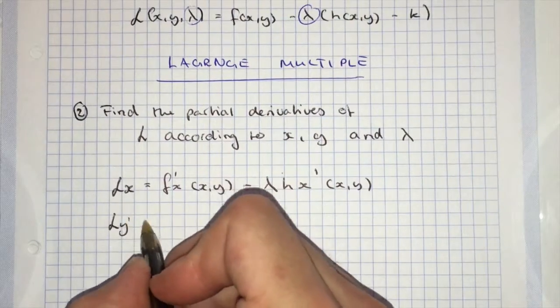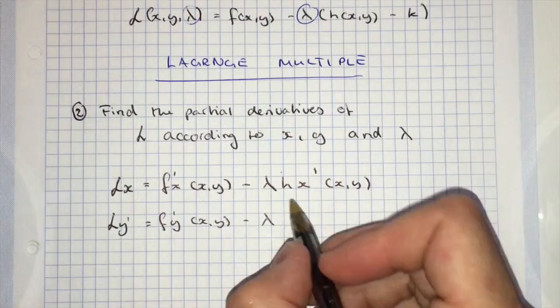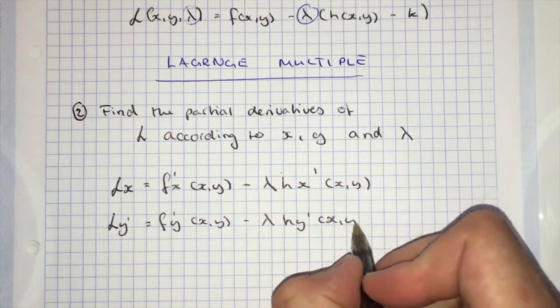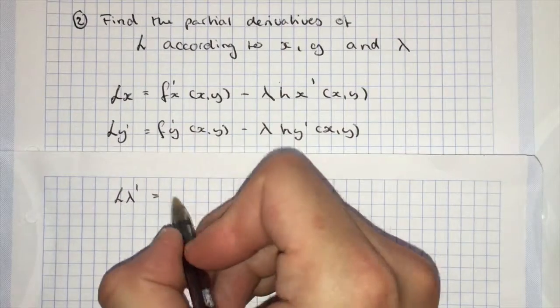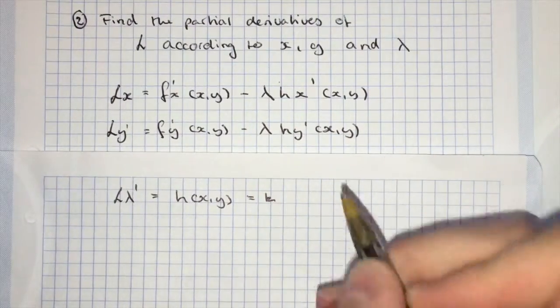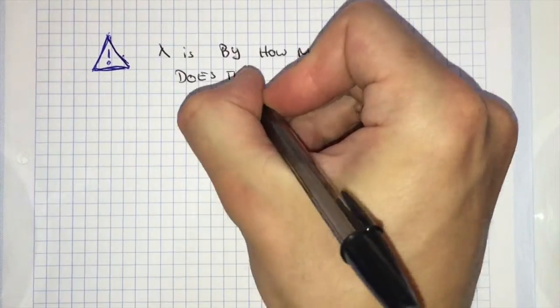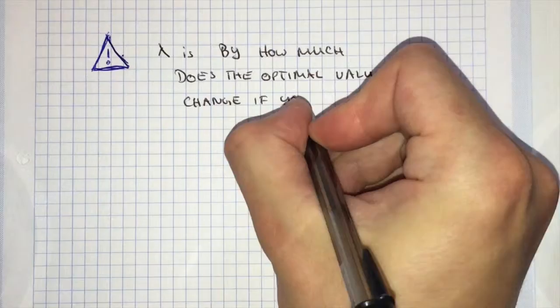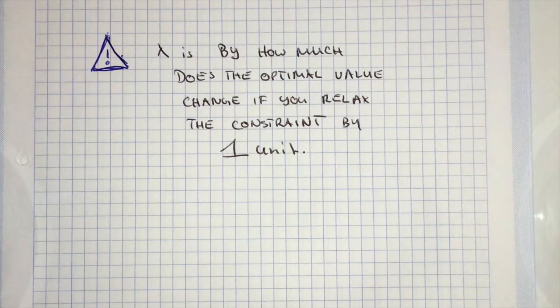Whilst with respect to y, that would be the derivative of f in terms of y minus lambda hy. Deriving the Lagrange function with respect to lambda will give us the function h, which also equals k. Remember, lambda is by how much the optimal value changes if you relax the constraint by 1 unit.